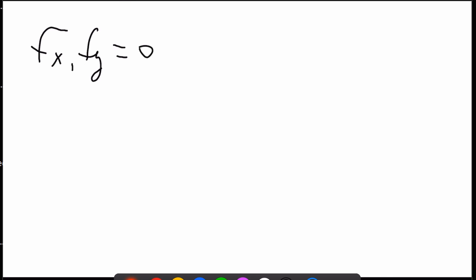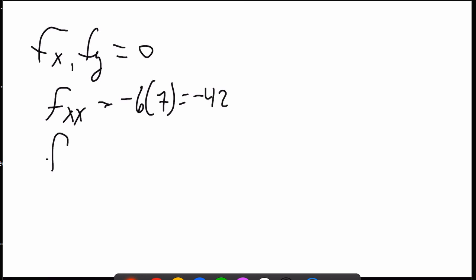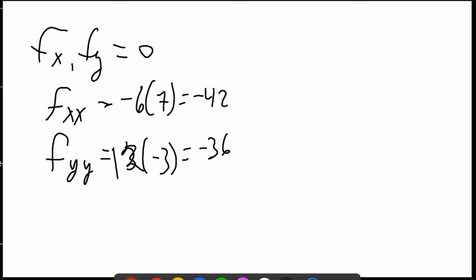Then we figured out that fxx is minus 6 times 7, which is minus 42. Fyy is 12 times minus 3, which is minus 36. And fxy equals fyx equals 0.